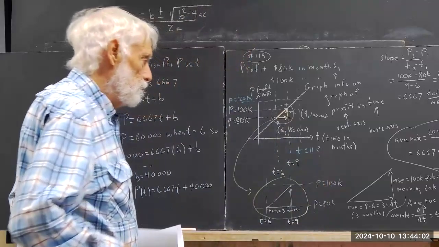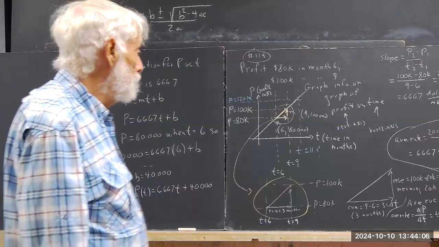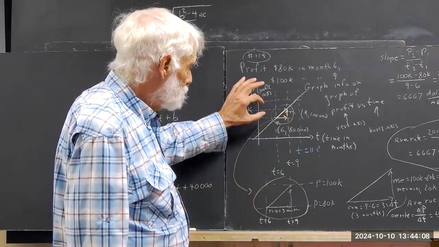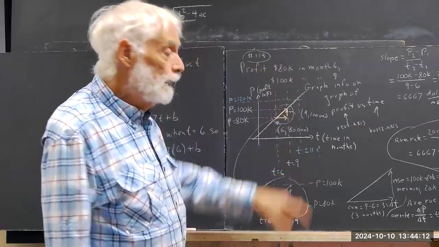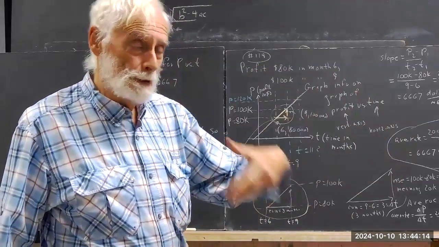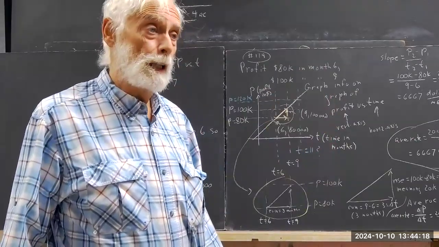Let's say we made the estimate of T equals 11. If you have an accurate graph, you see that this interval is the same as this interval. If it's a straight line, this distance would be the same as this distance. It would really be T equals 12. But let's just say we estimated and got T equals 11, just to illustrate what often happens.